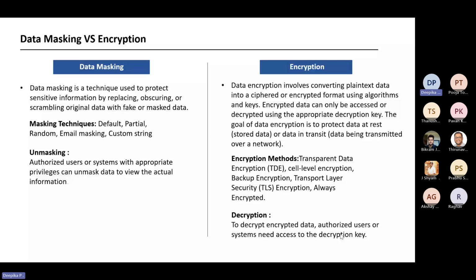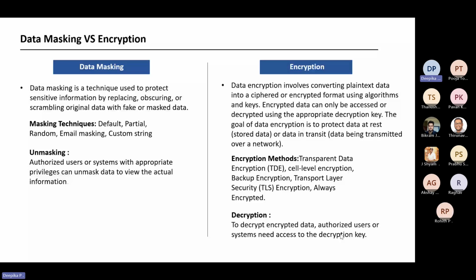With masking techniques, we can achieve different kinds of masking with functions. Here you can see some of the masking techniques, which are the most commonly used in data masking.